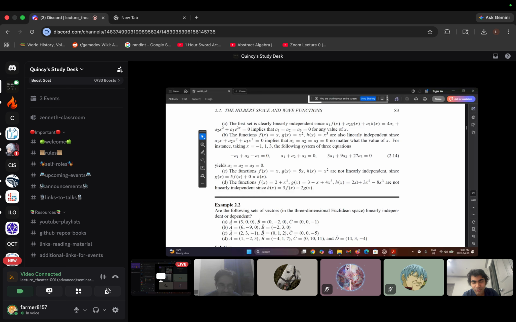For example, for part A, we remove the negative from -1, and we divide the -2 by 2, and the -1 and 3 by 1, and we get linearly independent. If we get the identity matrix, then we have linear independence.